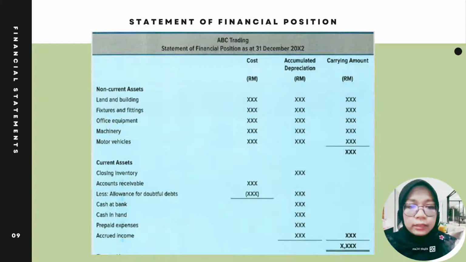Then record the current assets: the closing inventory, account receivable minus any allowance for doubtful debts, which we'll also learn in a later chapter, plus cash, bank, and cash in hand, any prepaid expense or accrued income. These two you will learn next week.